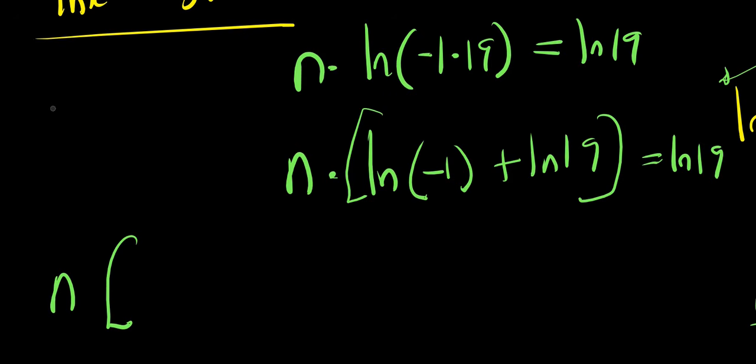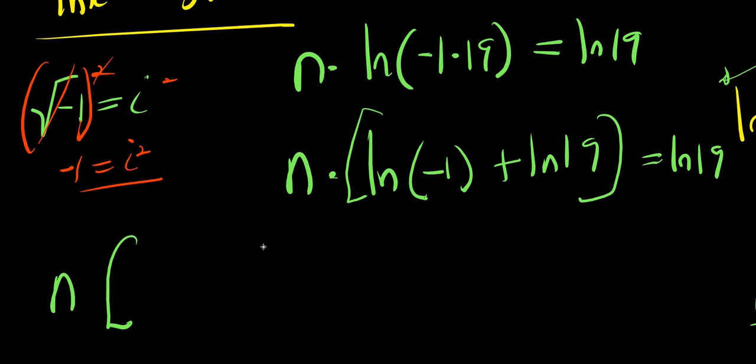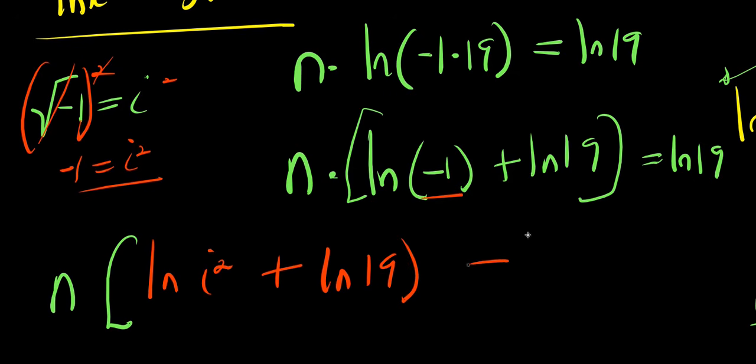So at this point, I can have n times natural log of negative 1. If you have square root of negative 1, this equals I. Then if you take the squares, this cancels this, we have negative 1 equals I power 2, right? So we have natural log of, instead of writing negative 1 here, I have I power 2 plus natural log of 19 equals natural log of 19.